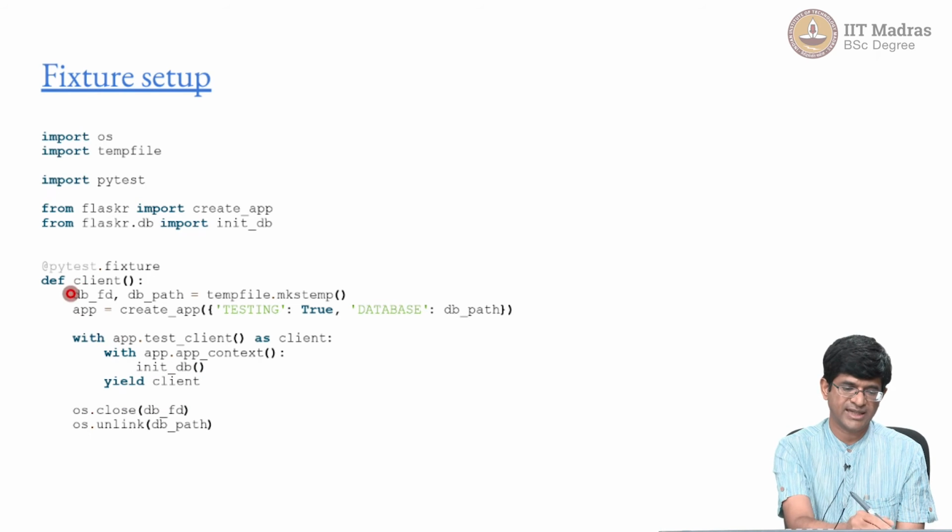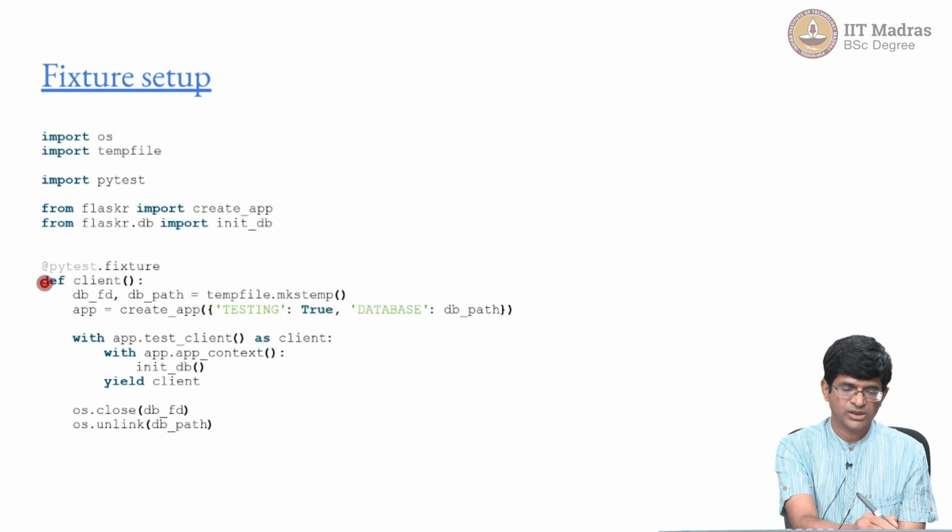So effectively it is saying that the code has run up to here, and then is letting this client variable go back to the original code where you can do lots of things with it. But at the end, when you are done with all your tests and are willing to close the client, you will come back over here, close the database file descriptor, close the path, and basically do the cleanup so that the temporary file and path that you created are deleted.